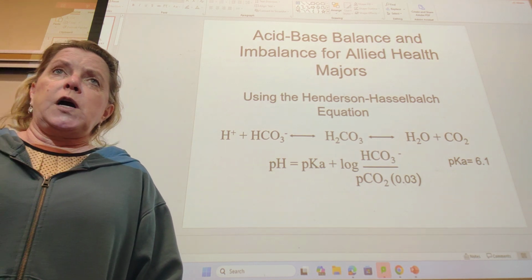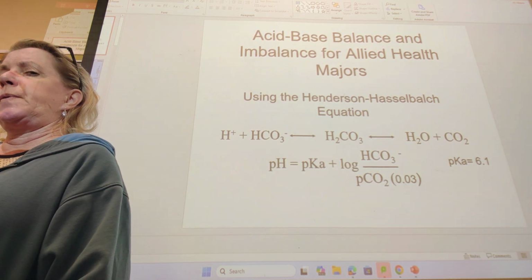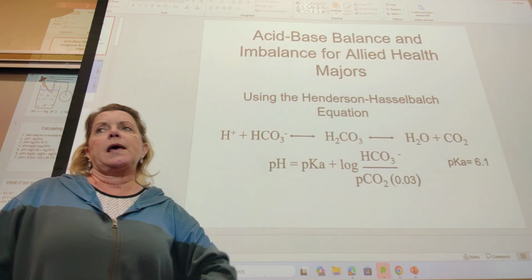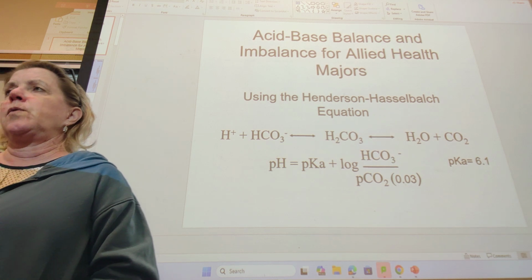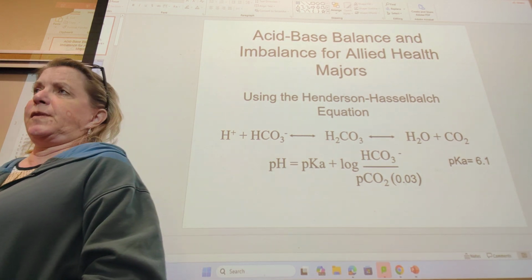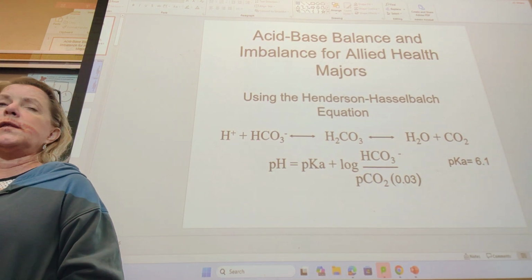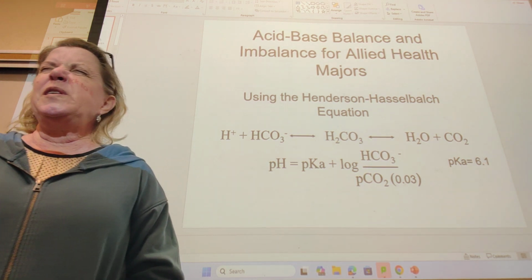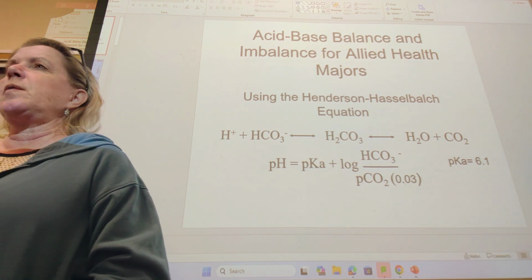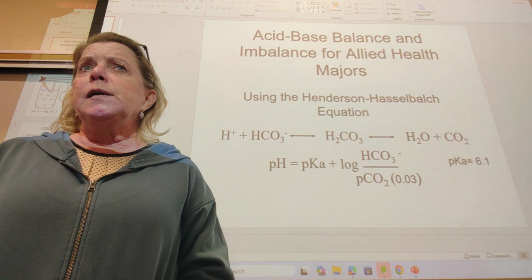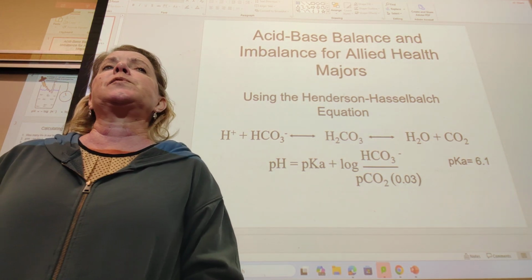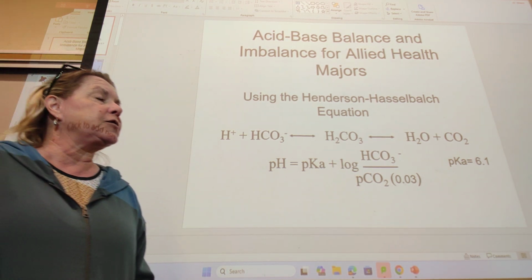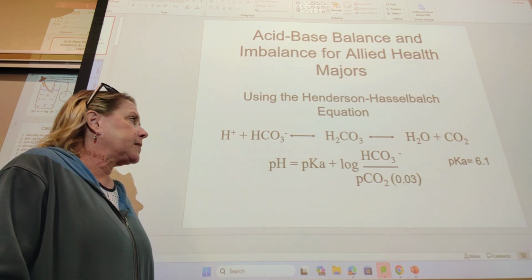So first of all, what you're seeing in the middle is this reversible chemistry reaction. We know it's reversible because we see the double arrows. And that means it can swing from one side to the next. We're going to talk about some principles of chemistry, but don't worry, we're going to turn it into principles in physiology that we know are tried and true, and they mirror each other.